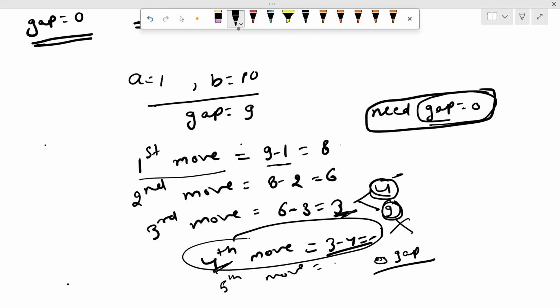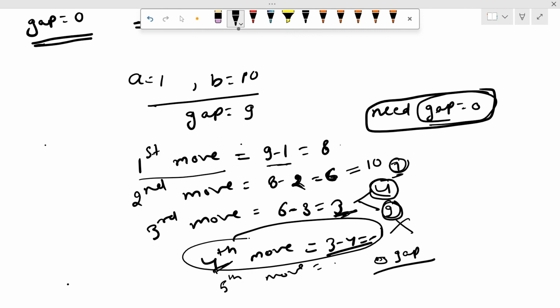Now let's say we do not reduce our gap by 2 in the second move. We increase it. So 8 plus 2, which is equal to 10, and 10 minus 3 equal to 7.